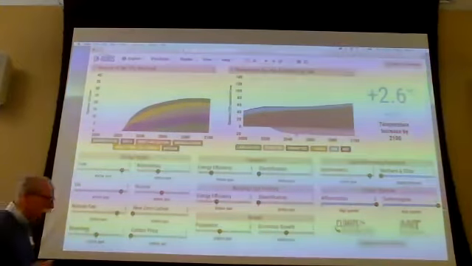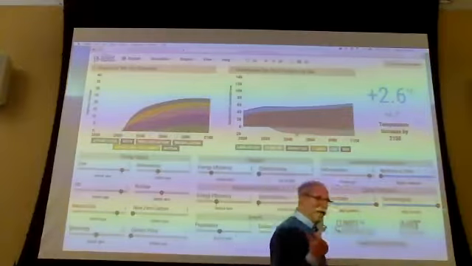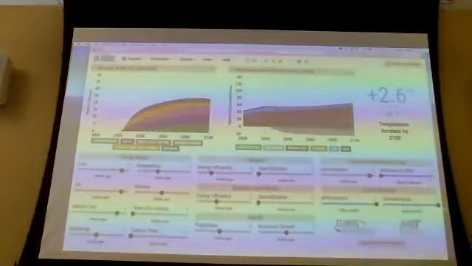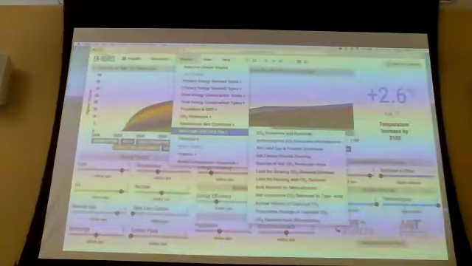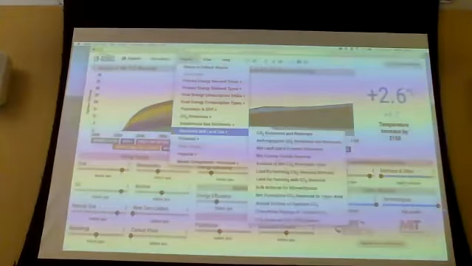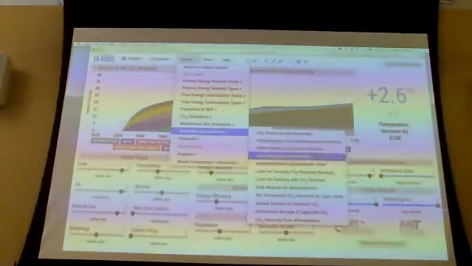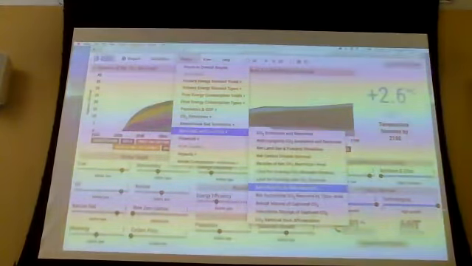So there are ways to look at how big you have to do this. I was talking about mineralization.